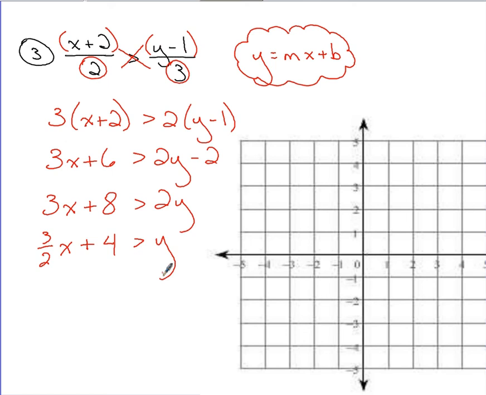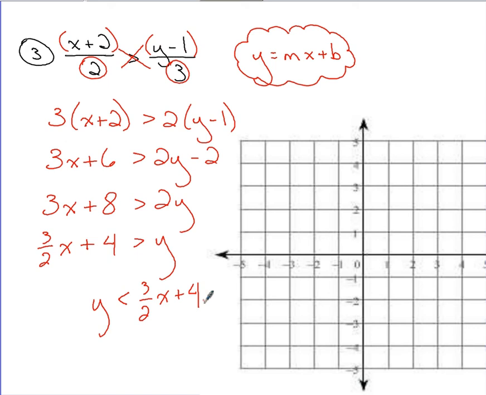And that's okay. But for coloring purposes in just a moment, it might be nice to turn this around a little bit. Since it's an inequality, be consistent with your symbols as you turn them around. If I'm going to bring y over here, then I need to flip this symbol around. It's going to be y is less than 3 halves x plus 4 as a result.